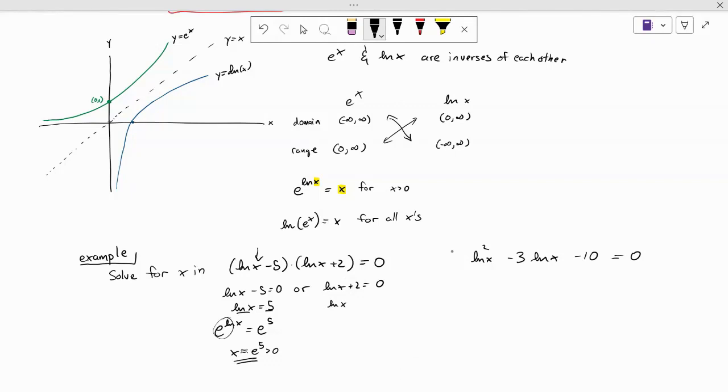In the second case, we have log of x has to be negative 2 after subtracting the 2 over to the right, and then we exponentiate both sides to get x from inside the log, and x is e to the negative 2. Is that a valid solution? You make both sides powers of the exponential, right?